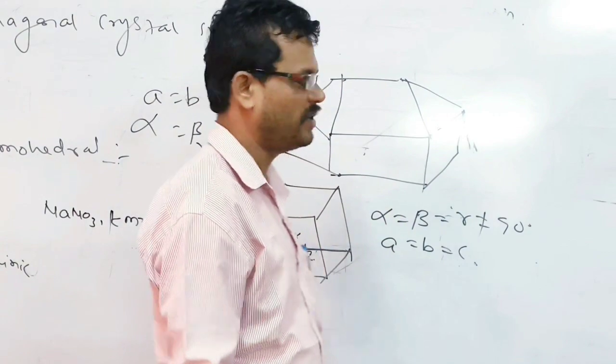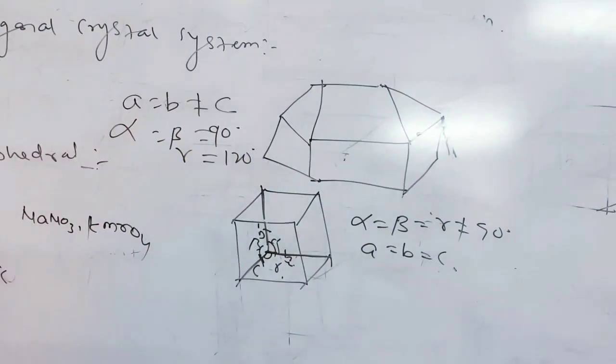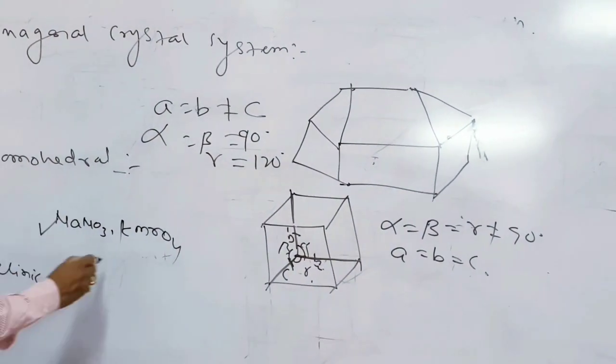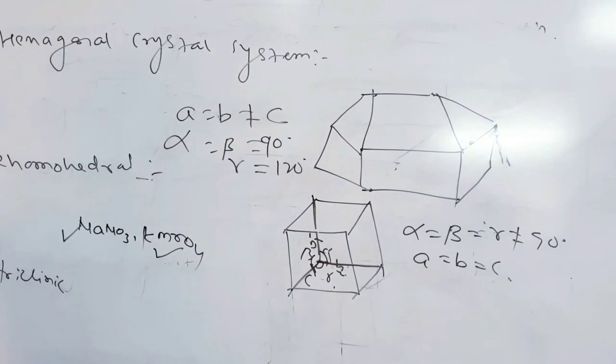All angles are different. Examples of rhombohedral systems are sodium nitrate and calcite.